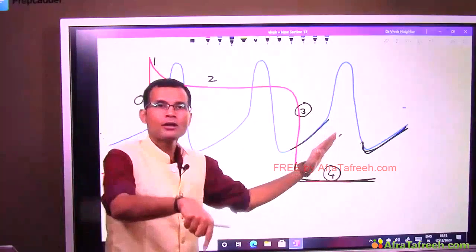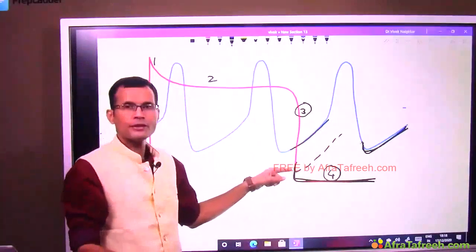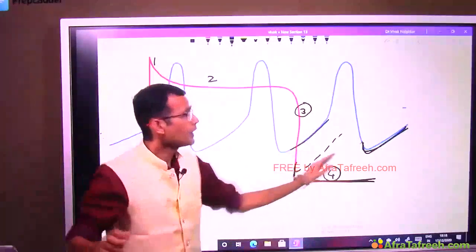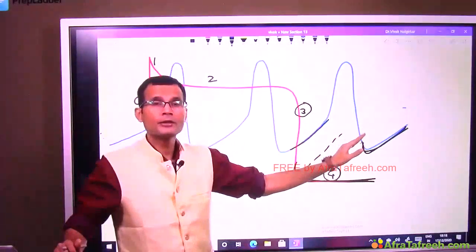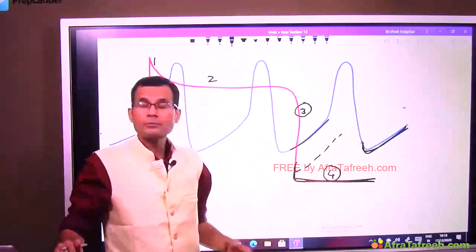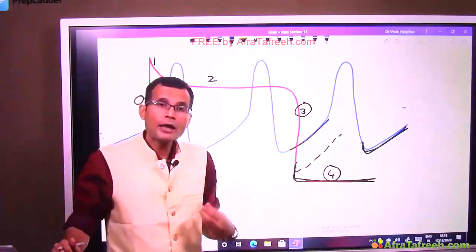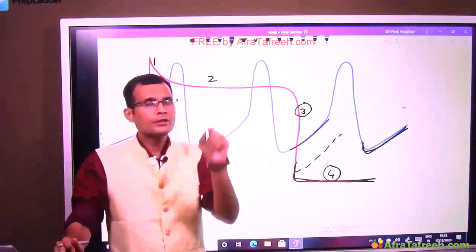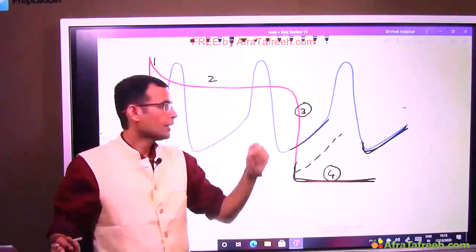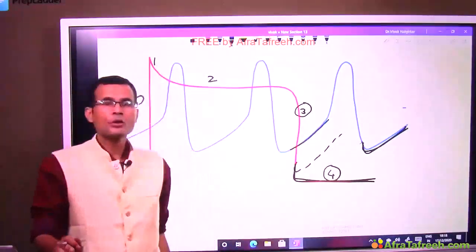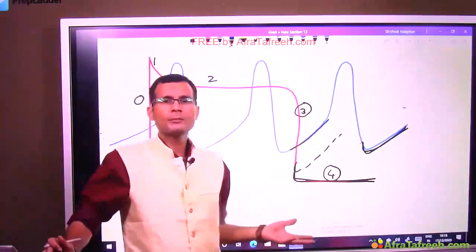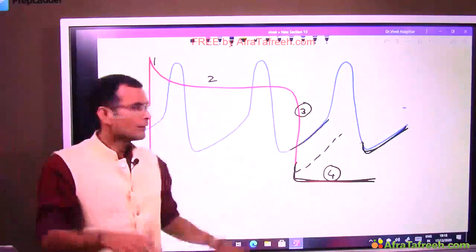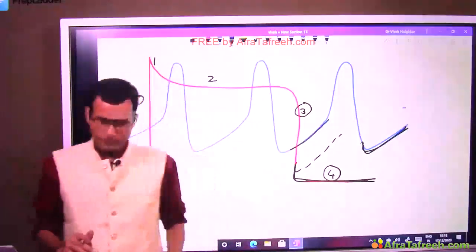Which means that at the end of repolarization, or even before repolarization is completed, it will again begin to depolarize to threshold. That can happen, so that the Purkinje fiber will become an automatic fiber. This will result in arrhythmias, because there can be multiple pacemakers, or multiple fibers which are exciting all by themselves. That will result in arrhythmias.